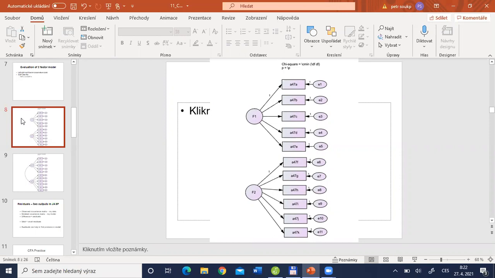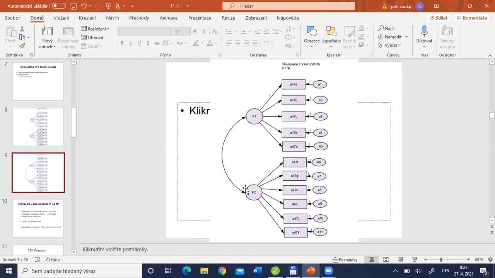And here we are quite familiar with the well-known fact that we would expect, especially in the Czech case, that this relationship would be quite strong. And I hope that by this comparison, we would recognize that CFA can very easily show that this model is much better than the previous one.